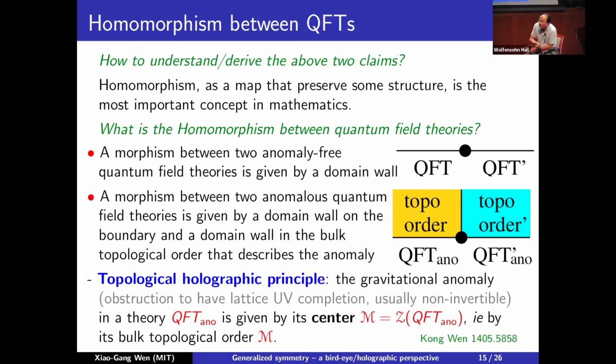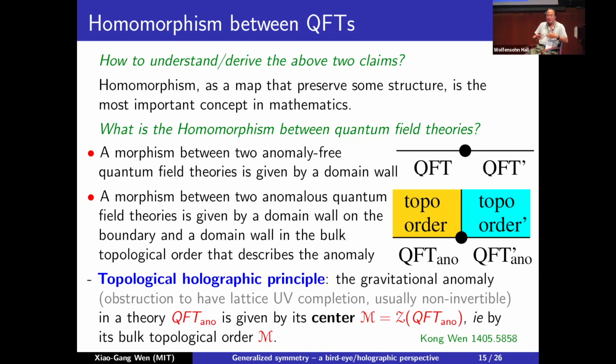Okay, here we just take a little detour. You want to define the homomorphism between quantum field theories. A homomorphism is a very important mathematical concept; for example, a homomorphism between two groups means that these two groups have some similarities.